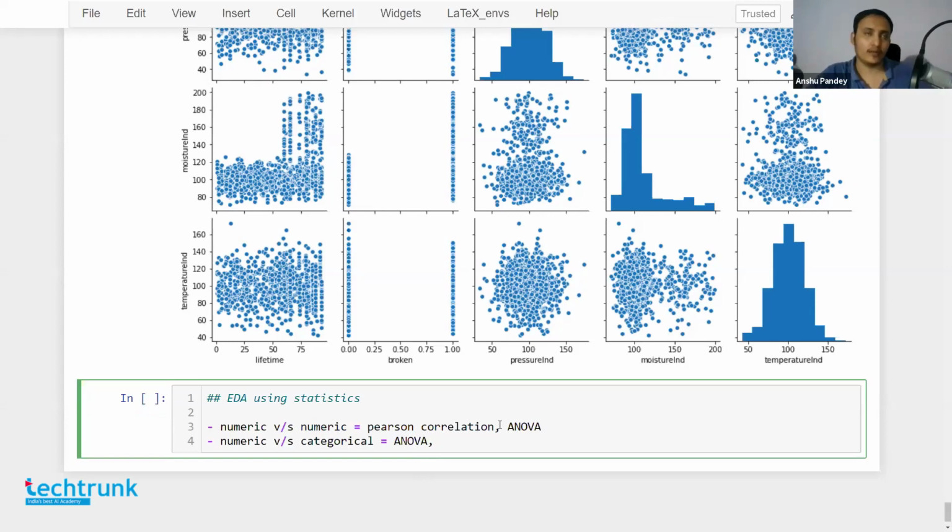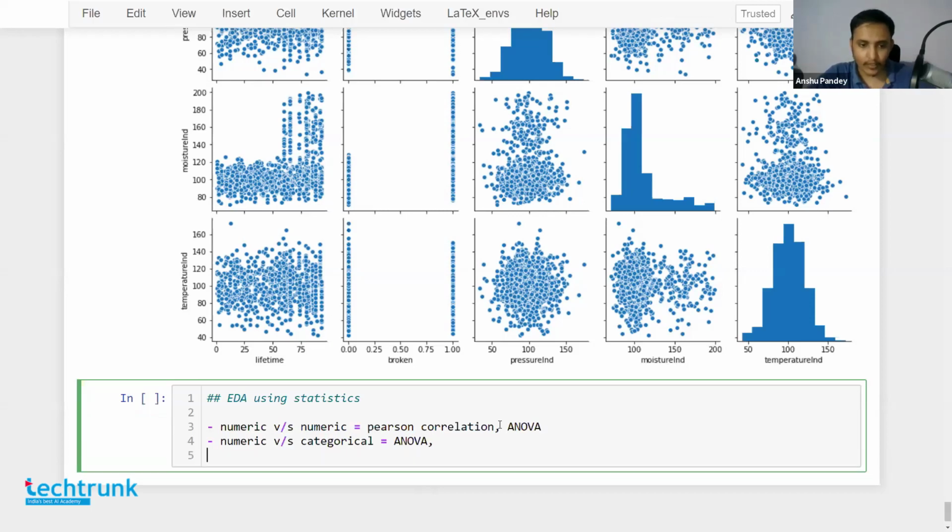Or maybe the feature information present in that. And similarly, categorical versus categorical, there are statistical methods like the chi-square test, right? Mutual information. Mutual information is also applicable to numeric versus categorical as well, right? So mutual information is also applicable here.